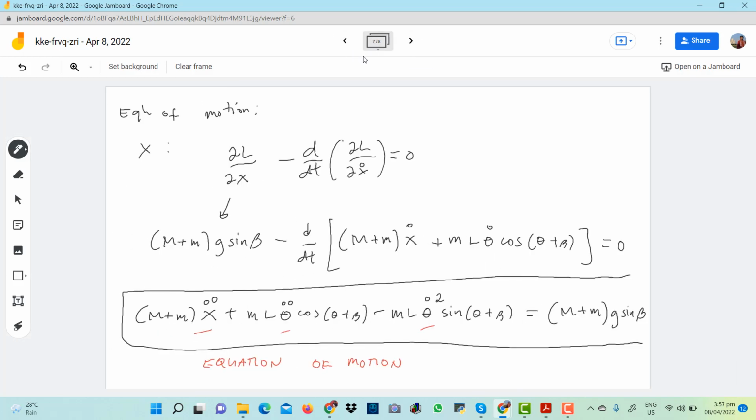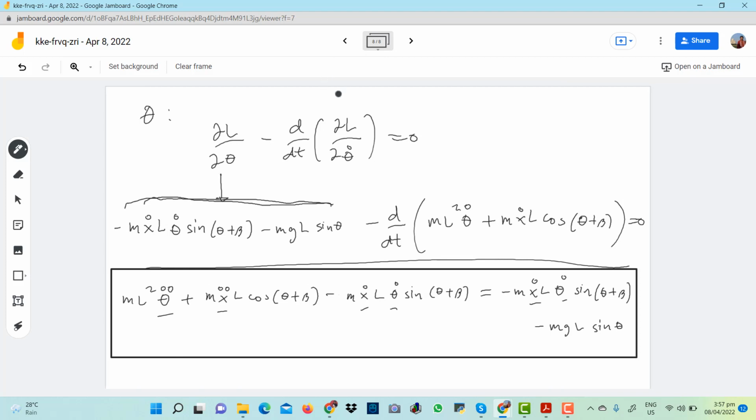If you want to solve for x double dot alone, or theta double dot, you can separate them, but it is difficult. The answer is already enough. Sometimes, if you want to separate theta double dot or x double dot, we do a coordinate transformation to separate them in your differential equation. But here it is clear that it is coupled: theta double dot and x double dot are combined.